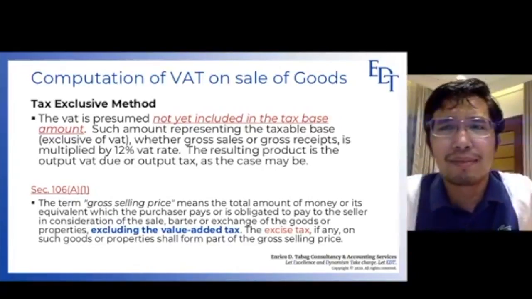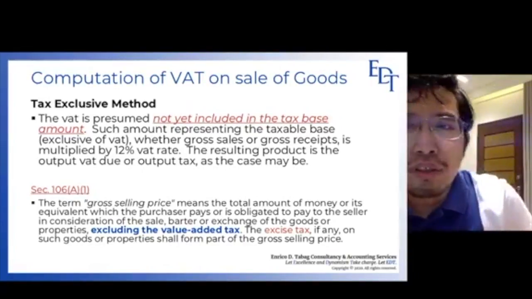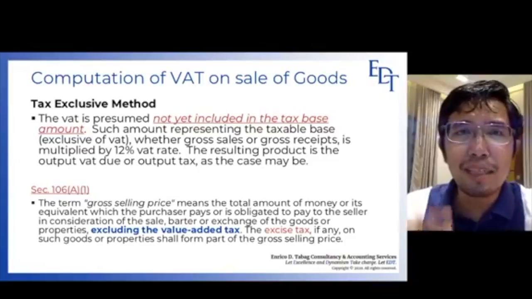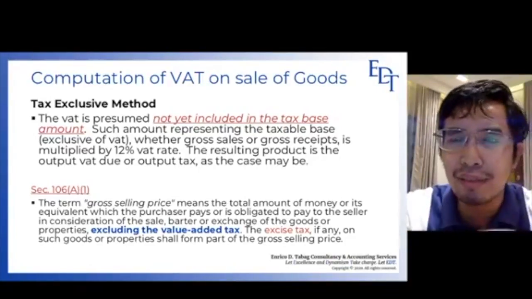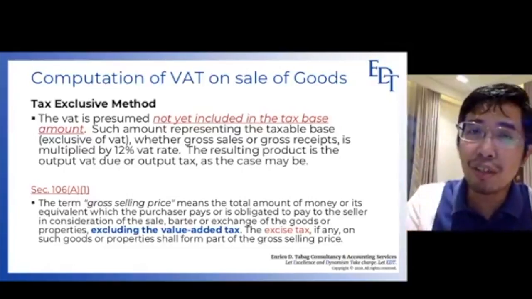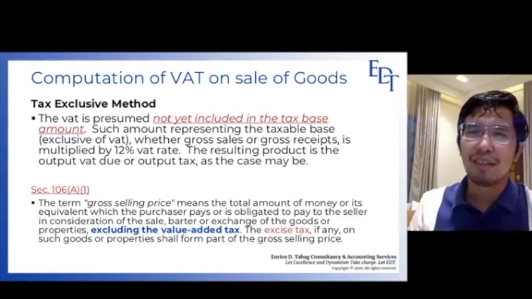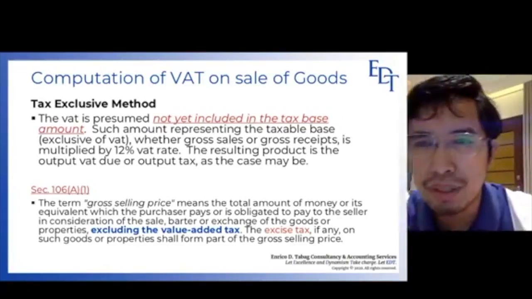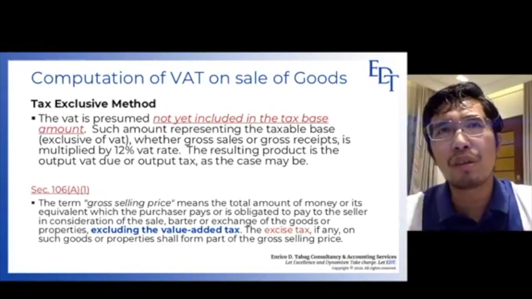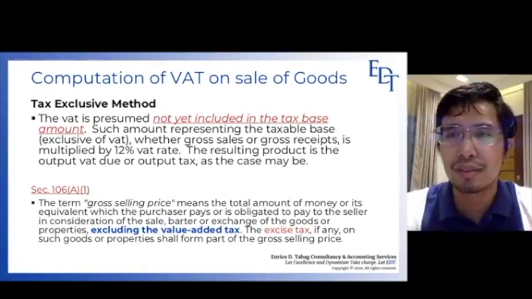Let's simplify. Yung ito 12% VAT mo, selling price, plus excise tax if applicable, but prior to the imposition of the VAT. So, wag mong isama yung VAT. Halimbawa, ako si Jollibee ulit. Ang selling price ko without the VAT is 100 pesos.